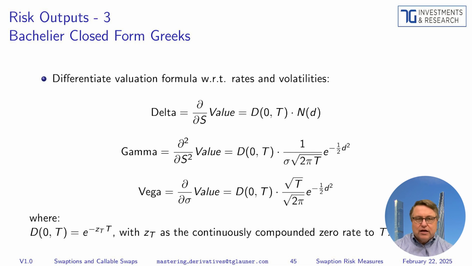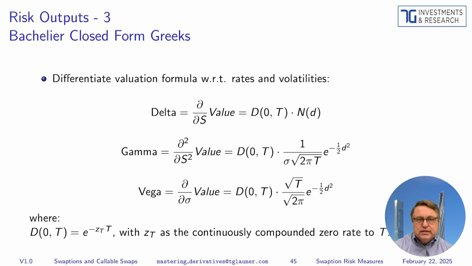Gamma represents the second order sensitivity to changes in the swap rate, capturing convexity effects. Differentiating the valuation formula twice with respect to S results in a more complex looking function, but it's still straightforward to compute. Vega quantifies sensitivity to implied volatility changes. A useful interpretation is that this Vega is the price change when shifting the whole at-the-money volatility surface by 1 basis point.